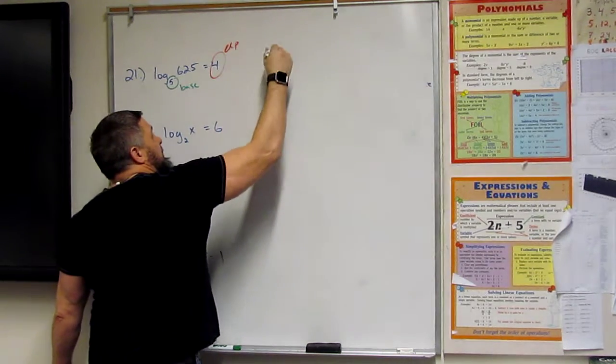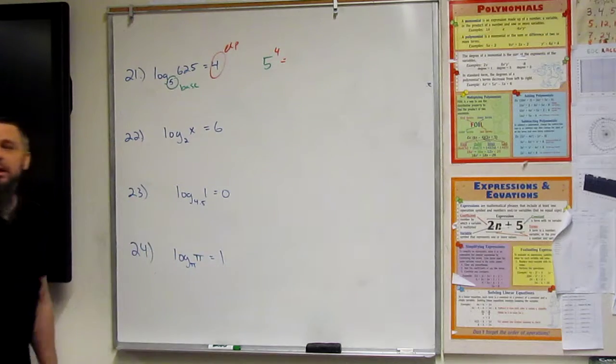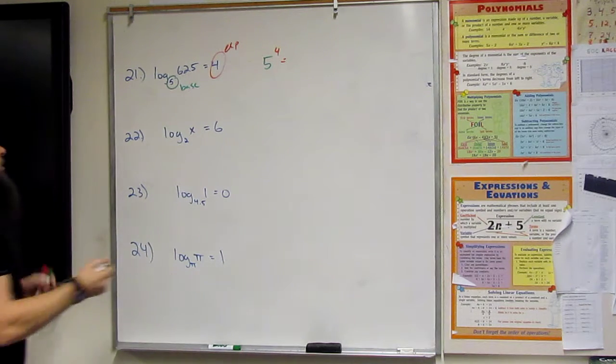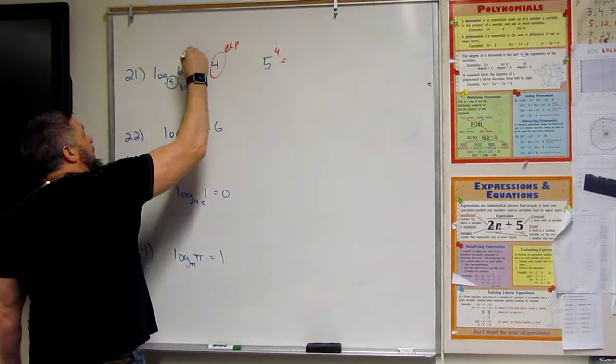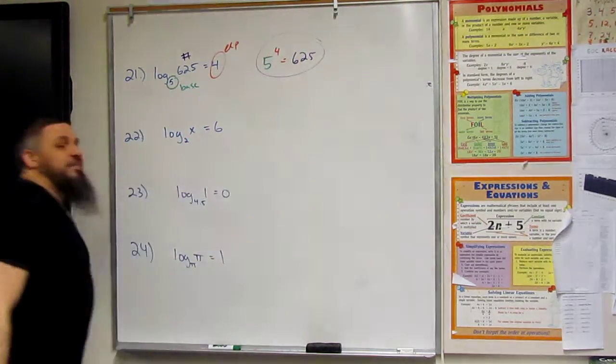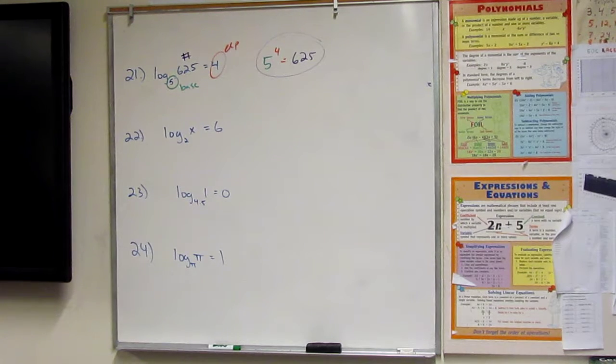So it's 4. And then what's the number? The number is 625. So 5 to the 4th power is 625. Easy? Yes. Cake. They get uglier.